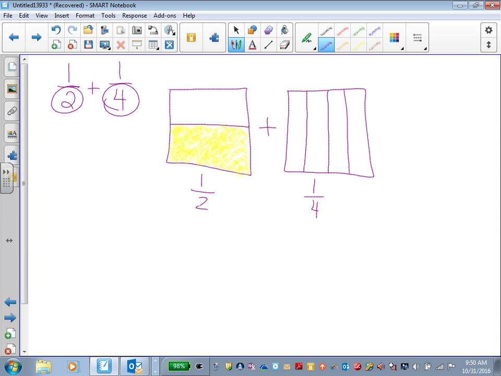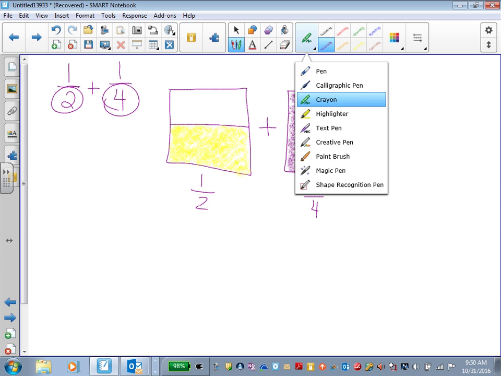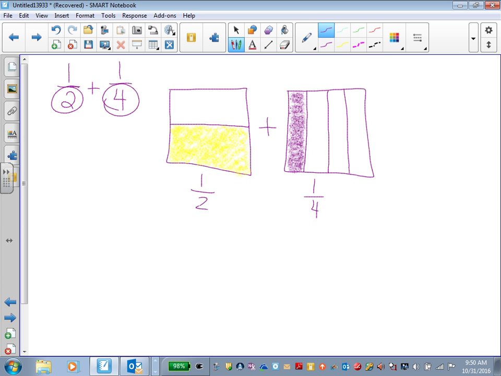Now, using a different color, I want to shade in for 1/4. So Kiara, how can I do that? You can shade in one vertical section. Now this is a little different from what we did in lesson 1.